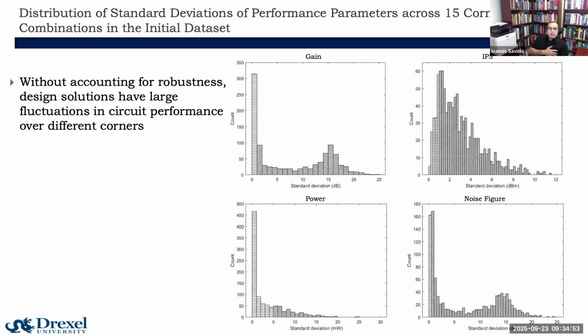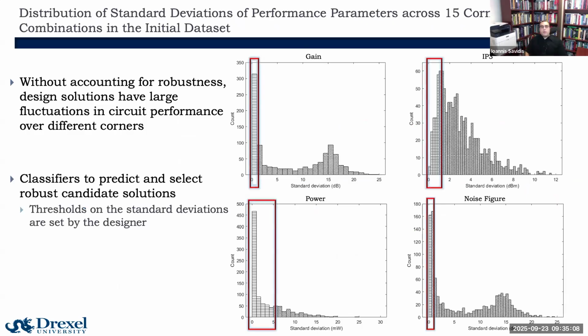Okay, so we plotted the standard deviation of the performance parameters across the 15 corner combinations, which is basically the multiplication of the 5 process corners with the 3 temperature corners. And then the red boxes indicate the maximum variation allowed by the specifications. So any points outside of these boxes have to be thrown out.